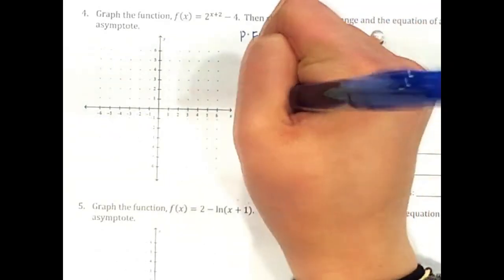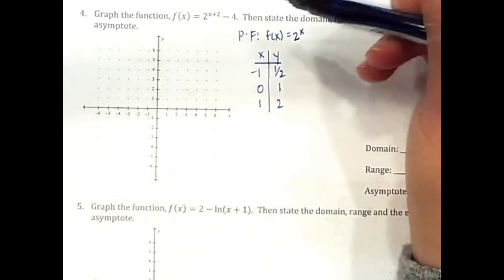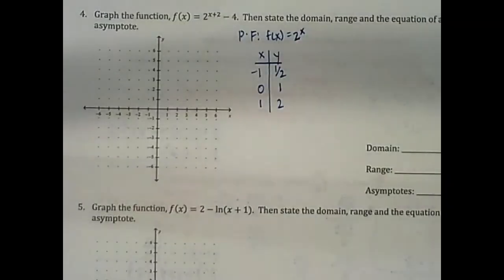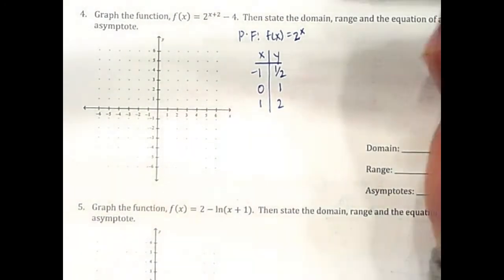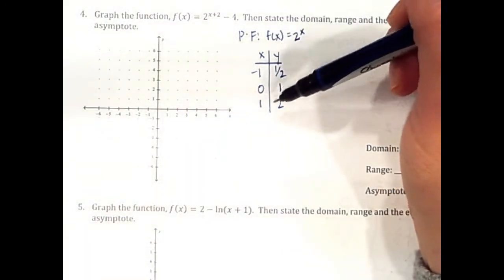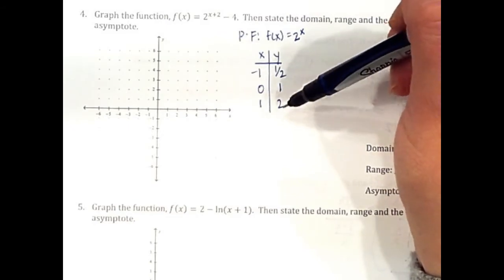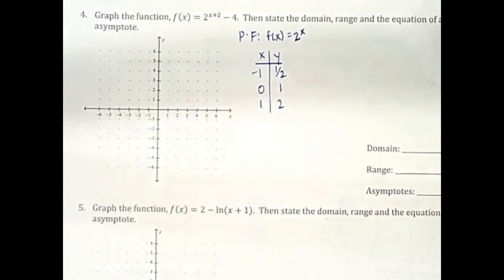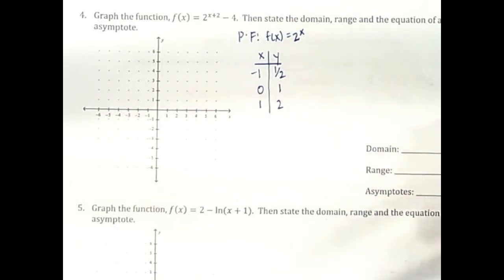If I plug in 1, 2 to the first power gets me 2. So that is my table for my parent function. That follows the same routine for all exponentials. Your x values are going to be -1, 0, 1, and your y values are going to be 1 over a, 1, and a, where a is whatever the base is. You can use logic here, or you could just plug it in, and we'll talk about the difference with ln or log.